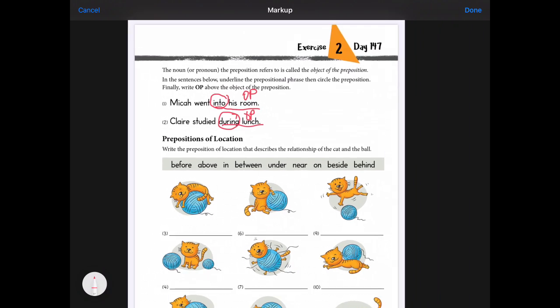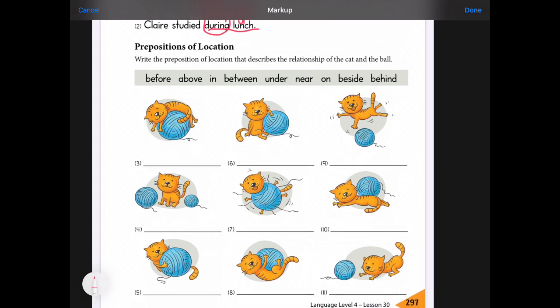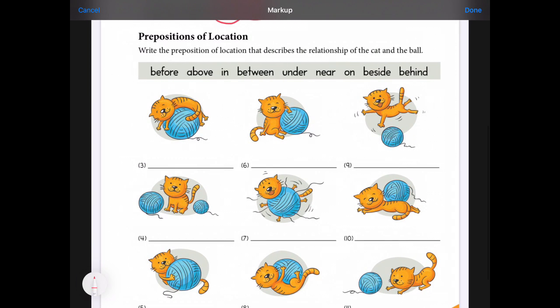Now we have all these cute little cat and yarn pictures. It's so cute. And this is working on preposition of location words. So you're going to describe the relationship of the cat to the ball. We can use before, above, in, between, under, near, on, beside, or behind.